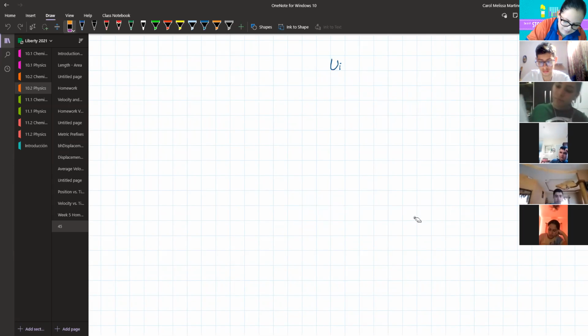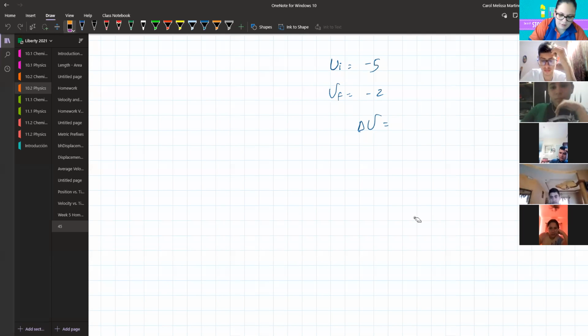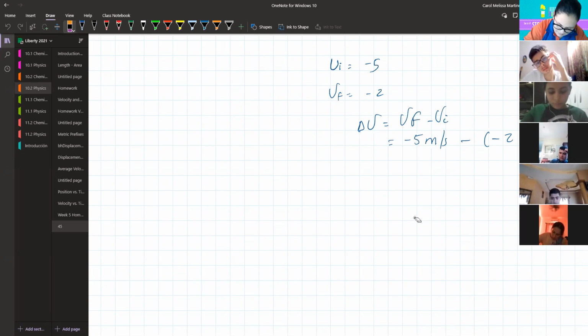Initial velocity to be -5, final velocity to be -2, for example. What is delta V? Always final minus initial. Delta V: -2 meters per second minus -5 meters per second.